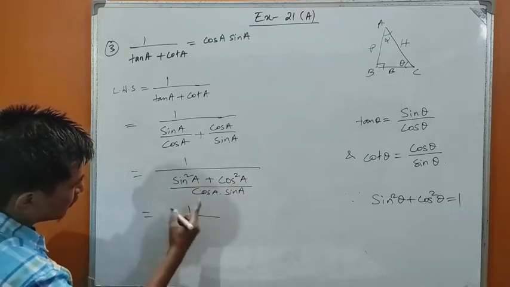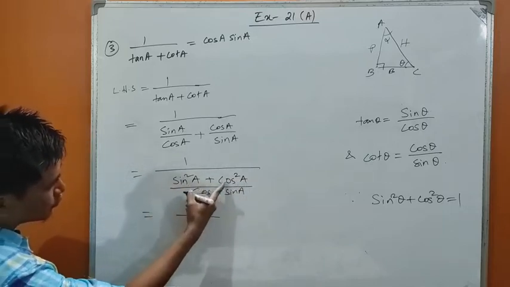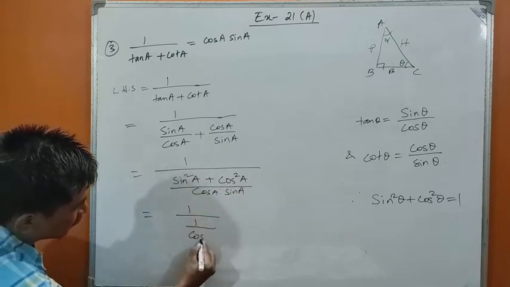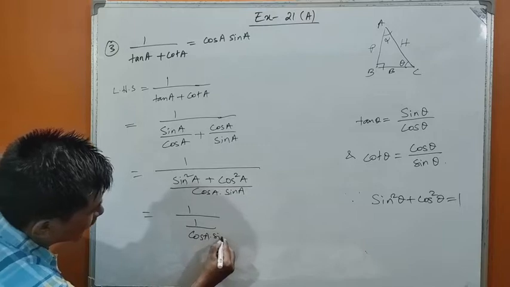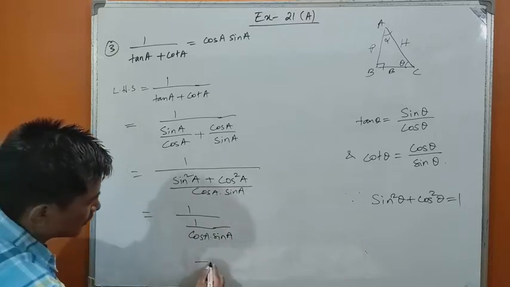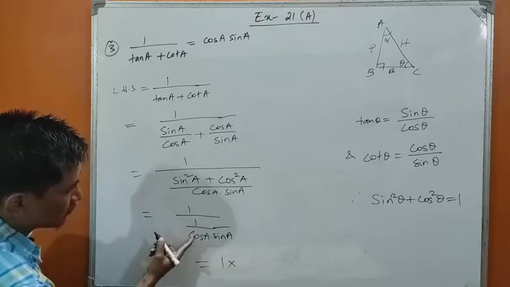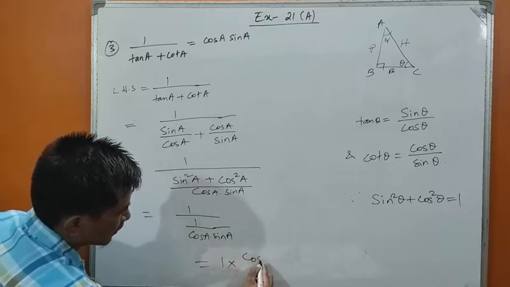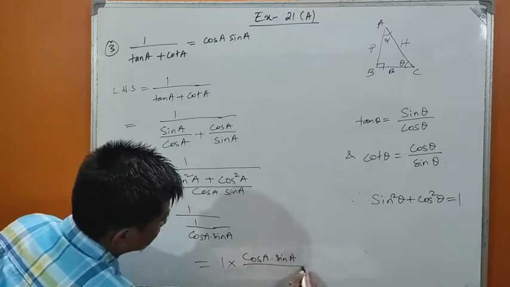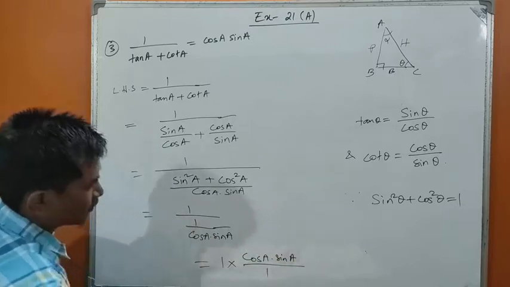So 1 upon this sin square A plus cos square A is 1 upon cos A into sin A, isn't it? So let us multiply this. 1 into this goes up, cos A into sin A upon this 1 comes down in the denominator.